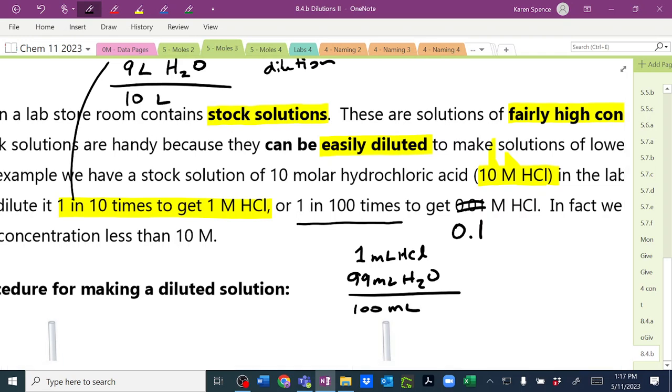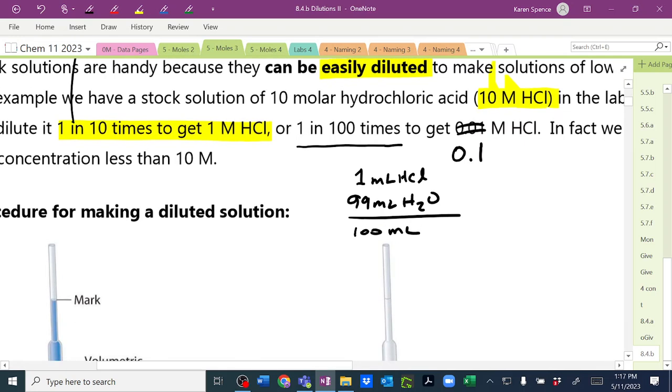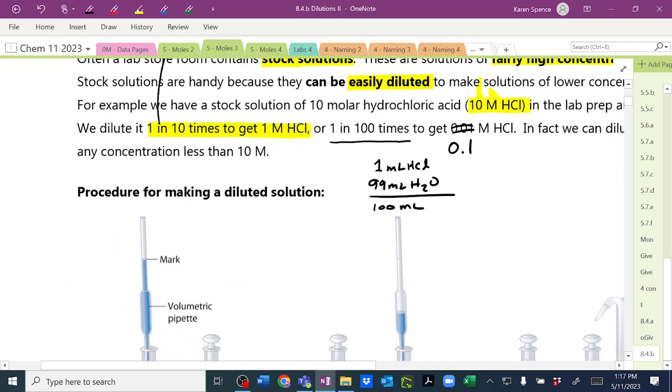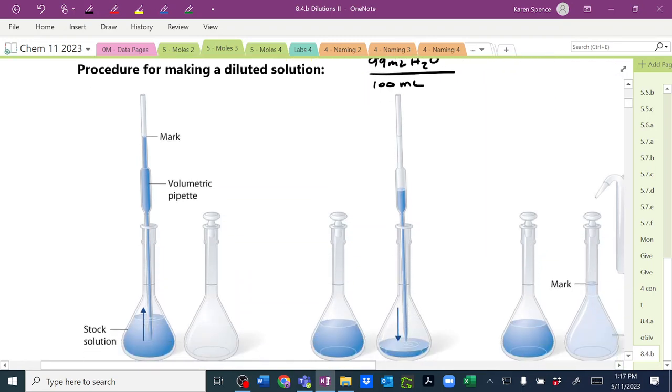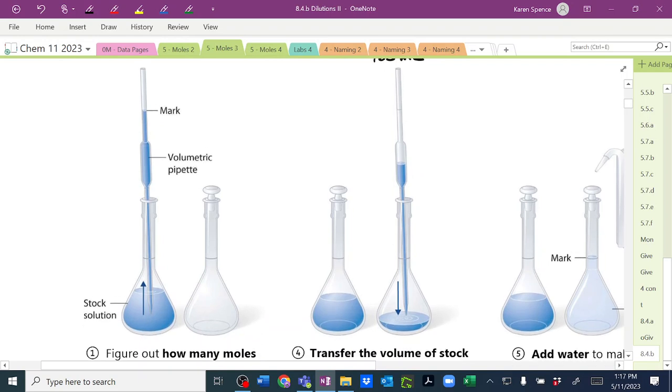So we went from 10 molar to 0.1 molar. If you didn't understand that, that's okay. We're going to take a quick look at the procedure. It looks a lot like what we did today, except that we will be starting with our stock solution, which is a highly concentrated solution.